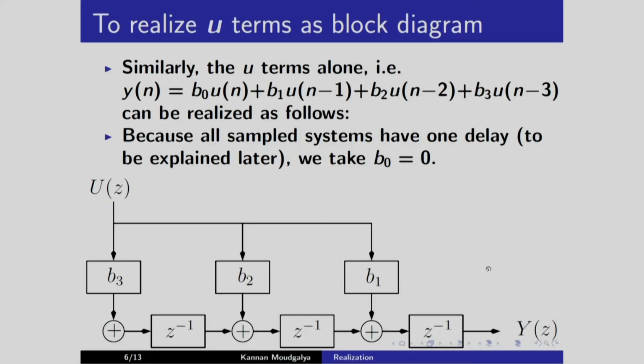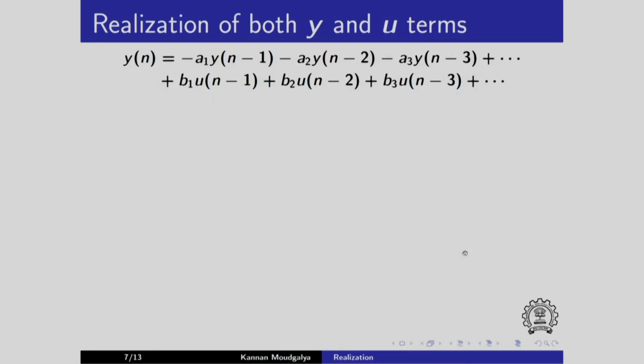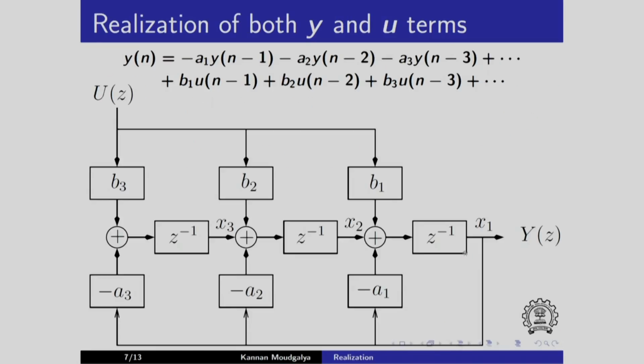So we had a block diagram to realize only Y terms, another block diagram to realize only U terms. Let us superimpose these 2 terms to get this block diagram. So this is straightforward. We obtained the bottom one to implement Y, we obtained the top one to implement U terms.